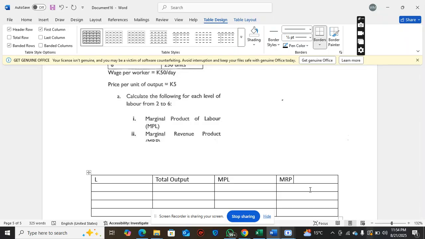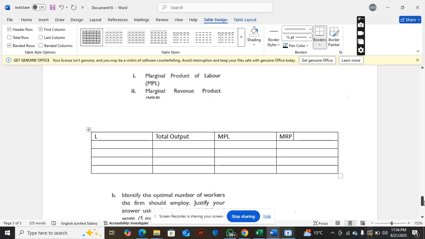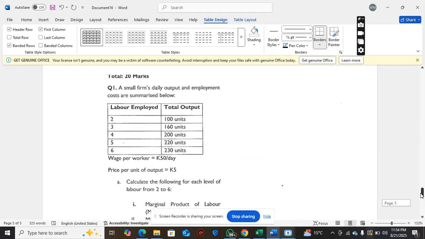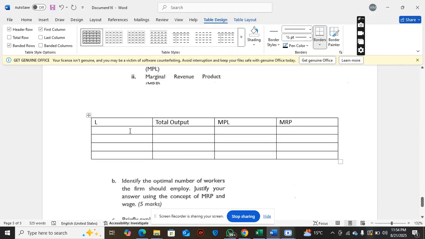Yes, the marginal product of labor. Tomorrow you might be asked, what is the marginal product of labor? How would you define it?